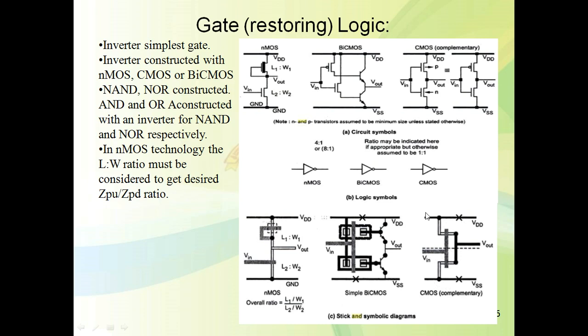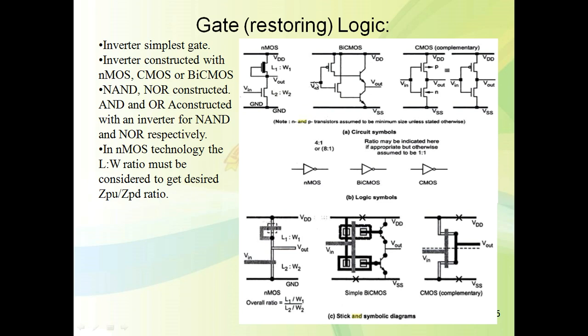CMOS inverter. Now the BiCMOS inverter, here it is. It has a p-type transistor and an n-type transistor, and we require more driving current at the output stage, hence we use two bipolar transistors at the output stage. One is connected to VDD and another to VSS. When Vin is high, this transistor is on and it drives the bipolar transistor, and Vout goes to 0 suddenly, because the current will be high.